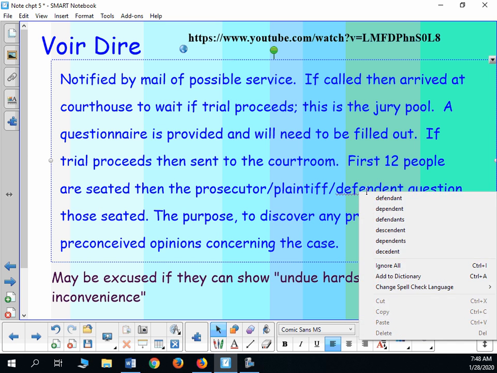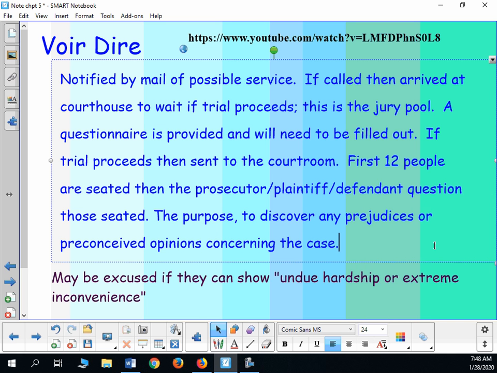There we go. So it is a simple process, yet it can be very time-consuming, but it's something that is, again, part of your civic duty. It's something that, as a citizen of the United States, you should be willing to be a part of.